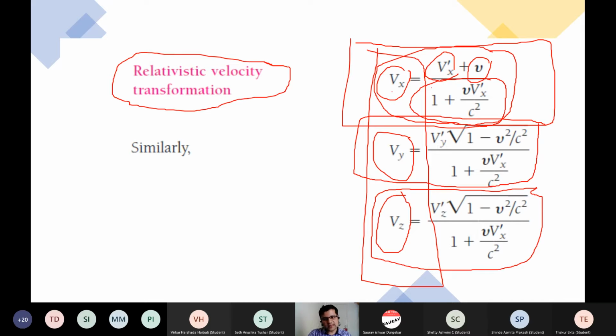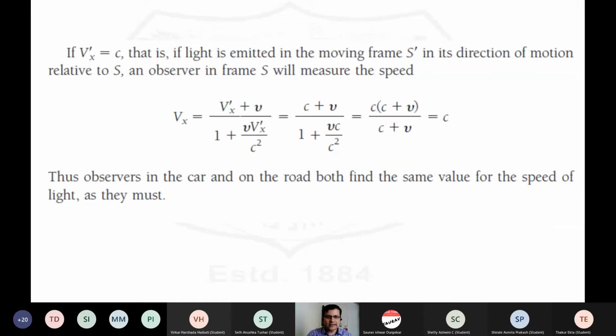Now the things are very simple, and it does not violate the relativistic postulate given by Einstein, the first postulate. The speed of light remains the same. That's what we say: if the light is emitted in the moving frame, and that frame is moving with the velocity v, the speed of light in that frame is c.